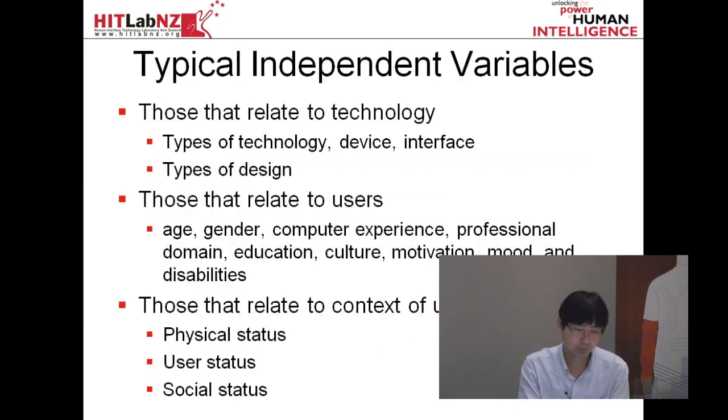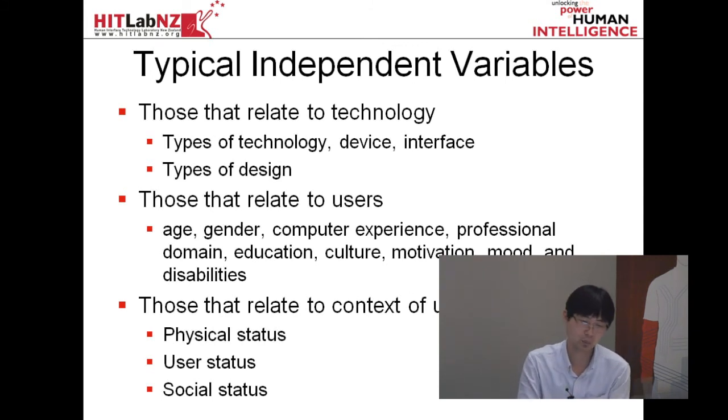So more of an example of independent variables. Basically, in many of the cases, type of technology or type of interface will be one type of independent variable. Of course, you can have more of a subcategory, such as type of pointing devices versus type of audio-visual interface, and so forth. So you can have more subcategories.